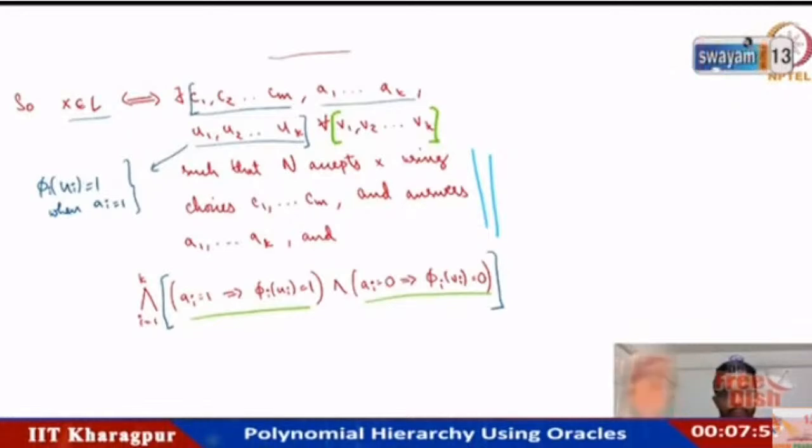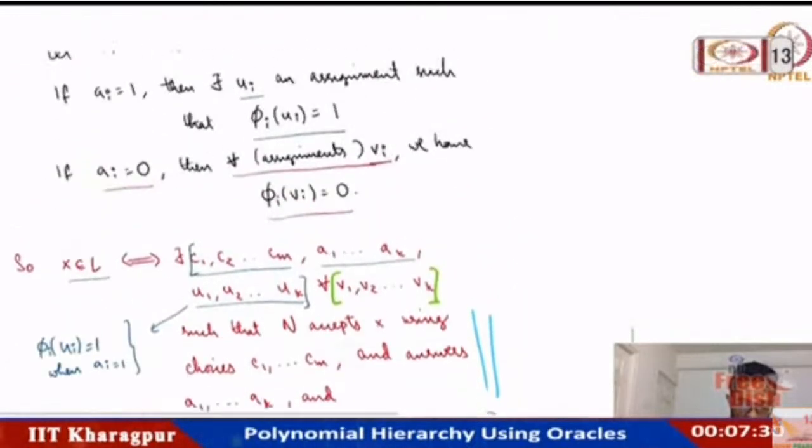Given the choices, it's just a matter of verifying whether these non-deterministic choices lead to acceptance. And what I've written at the bottom is also easy to verify by a deterministic polynomial time machine. So the entire thing is a deterministic verifier preceded by an existential and a universal quantifier.